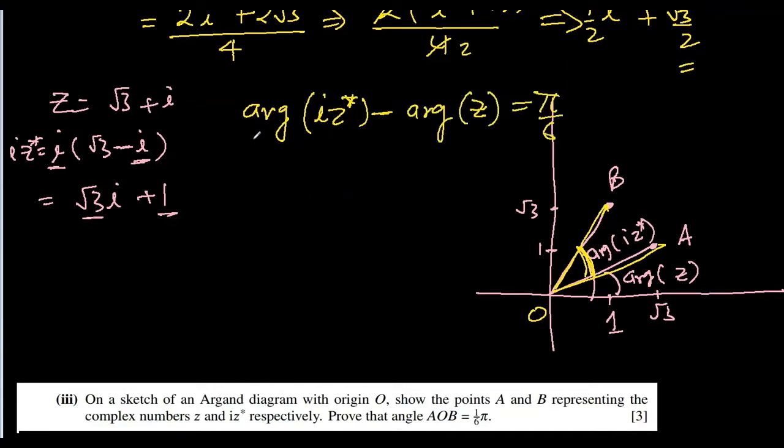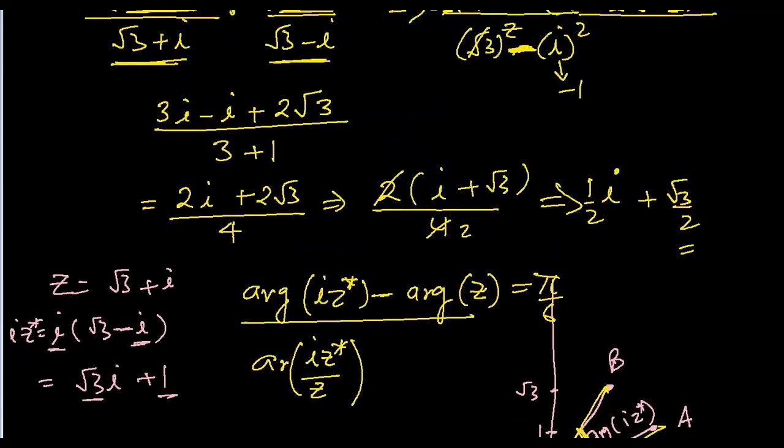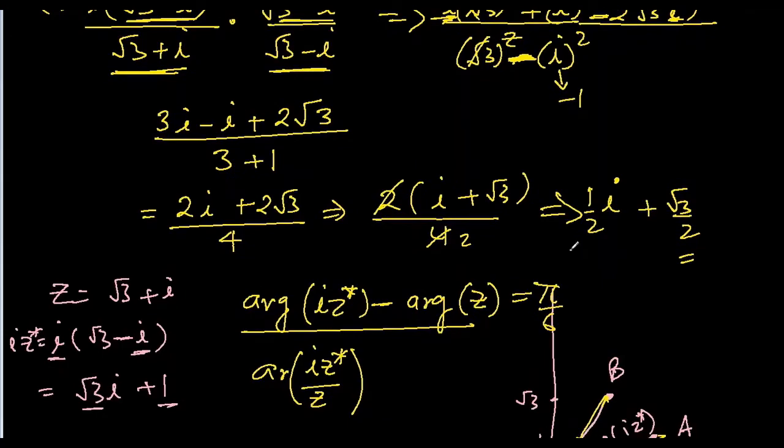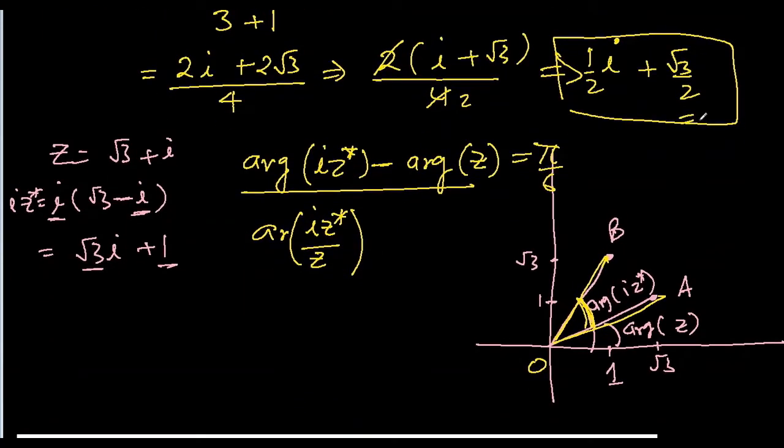So let's use the identity. This will be equal to the argument of iz star over z. Yeah, and the argument of iz star over z, we already have it. See, B part was iz star over z, and we got that as this, half i plus square root 3 over 2. That's what we'll use now. So what is the argument of this?